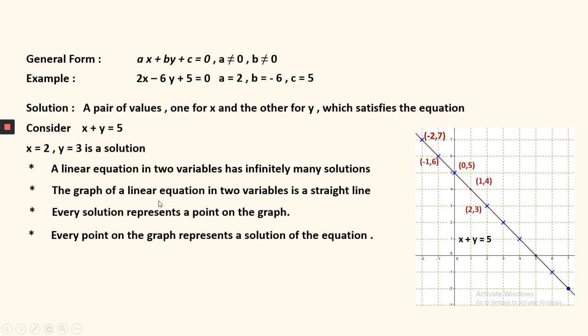So we are observing two facts from this, that every solution of this equation will be a point on the graph. And now if I take a point on the graph, for example 1, 4, that point will definitely be satisfying this equation. So these are the two facts corresponding to the graph of a linear equation in two variables.